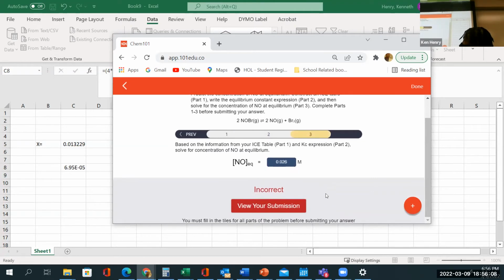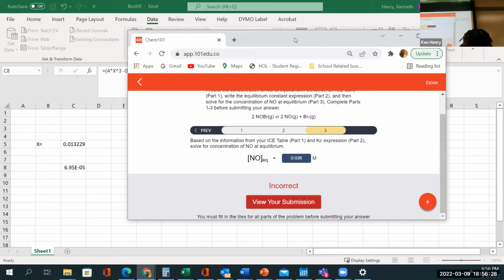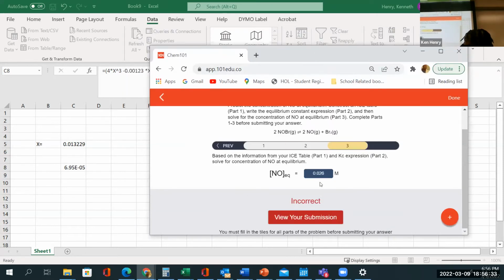My question was, is this type of question beyond the test? No, this type of question won't be on the test. Yep, this question will not be on the test. That's interesting. And even with the 0.26, that isn't actually right.